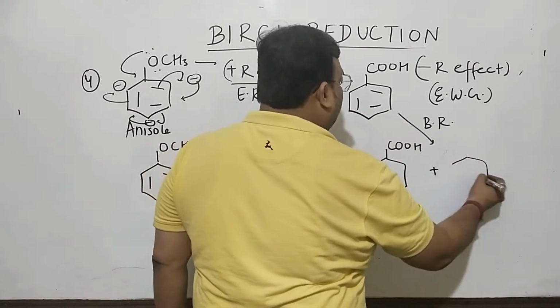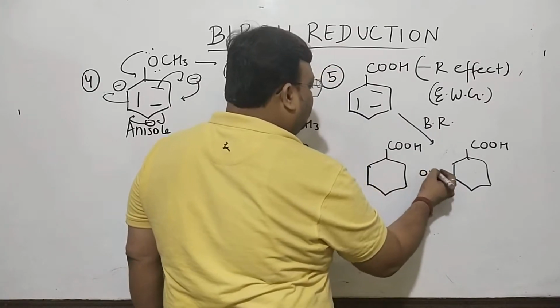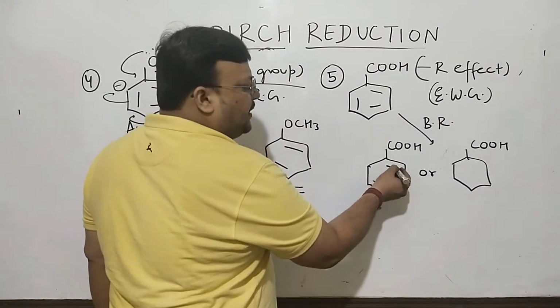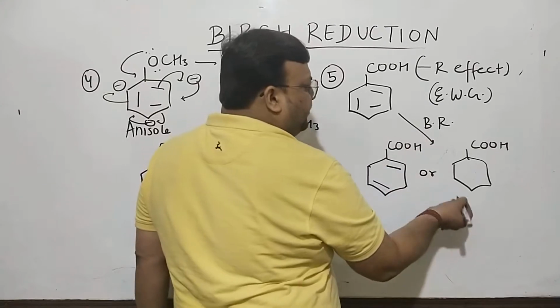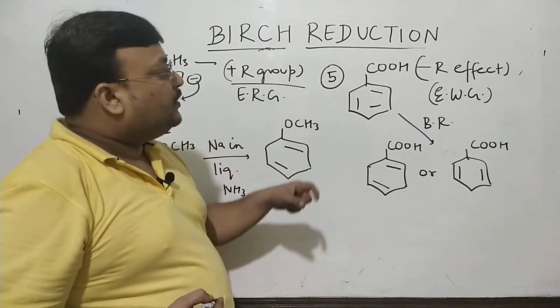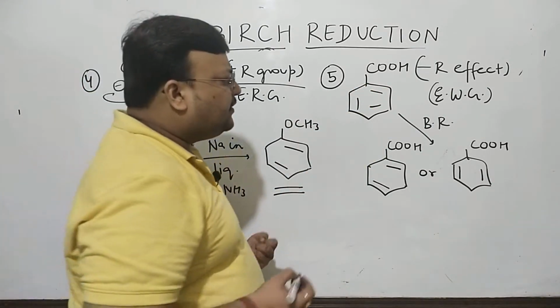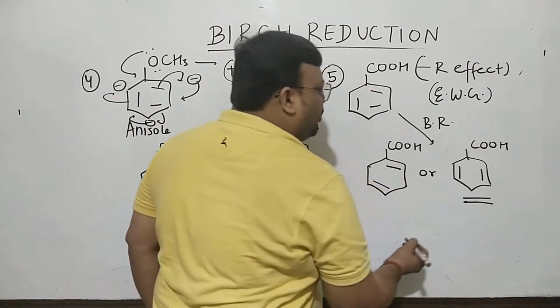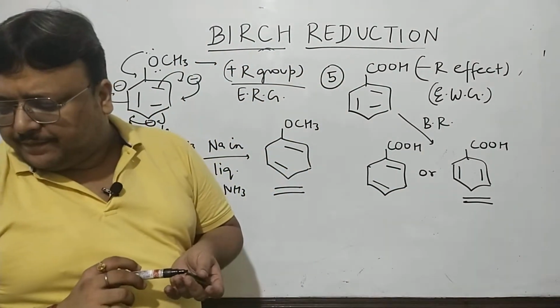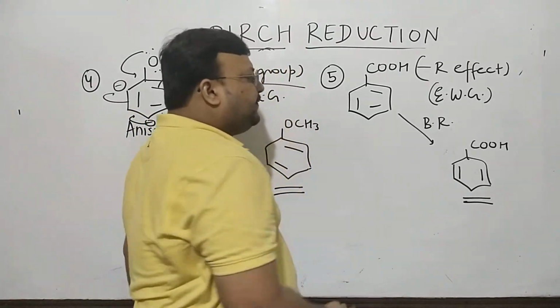Either this or this is possible, where either it's sharing the pi bond along with the group, or the carbon bearing the group is not sharing the pi bond. When it's a minus R effect, the reverse will happen. This would be the product, this would be the final product formed. The previous one is not seen, this is going to be the final product.